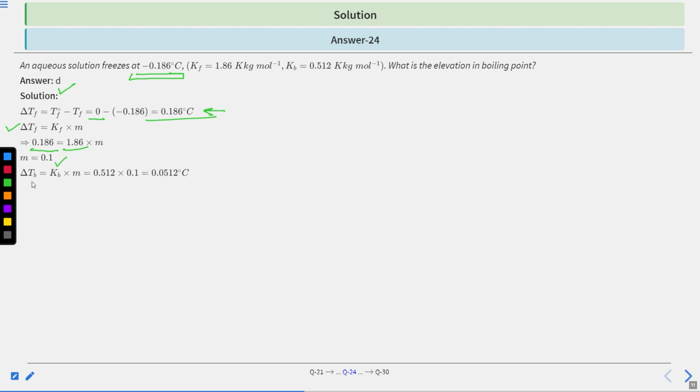So from this equation we get M, and M is coming out as 0.1. Now we have to find out the elevation in boiling point. So del TB equals to KB into M. So KB value we know and M value we know. So on putting the values, we have del TB equals to 0.0512 degree Celsius. Hence option D will be the correct answer.